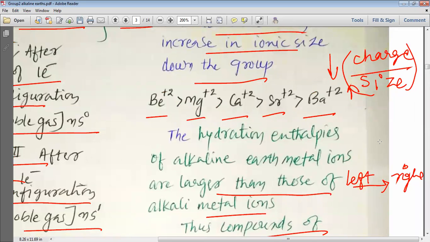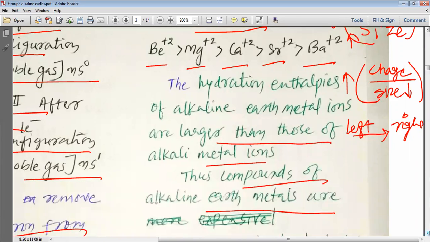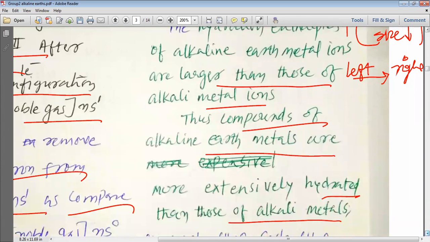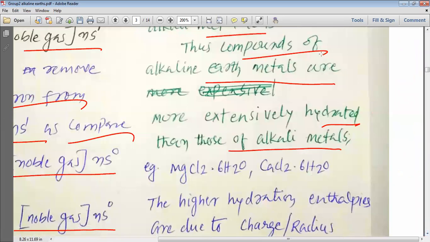So due to the smaller size, the charge to size ratio is comparatively higher, and due to the higher charge to size ratio, the hydration enthalpy of group 2 elements is more than the hydration enthalpy of group 1 elements. That is why the compounds of group 2 elements are more hydrated, and they may possess more water molecules as water of crystallization.